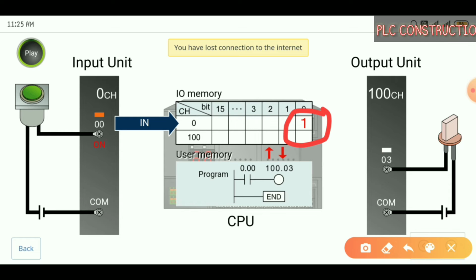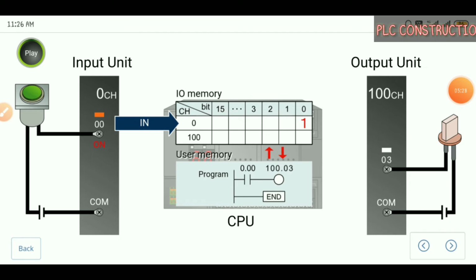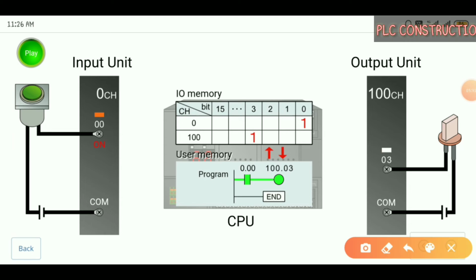Next you can see the output getting on in this PLC program. We store the programs in the CPU unit.